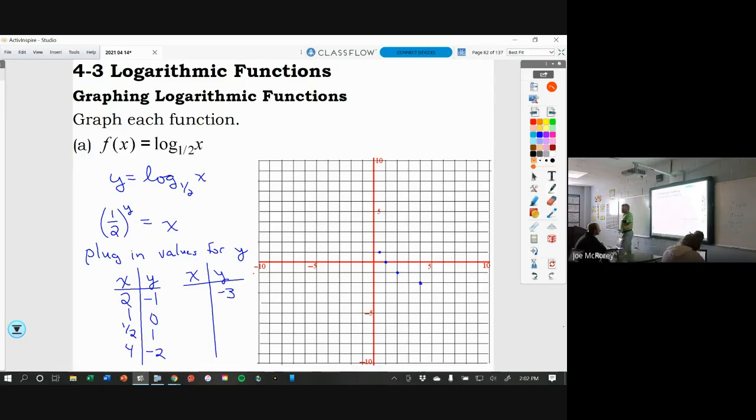The negative is reciprocal, so now I have 2 to the 3rd power, which is 8. Plot the point 8, -3. If I plug in -4, I'm going to be off my graph. -4 is going to put me at 16. That's enough information to draw my curve. So this graph looks something like this.